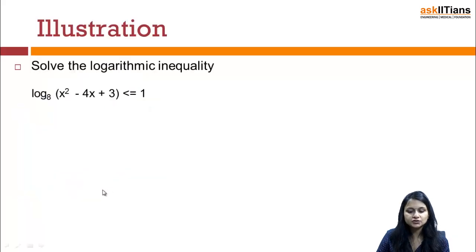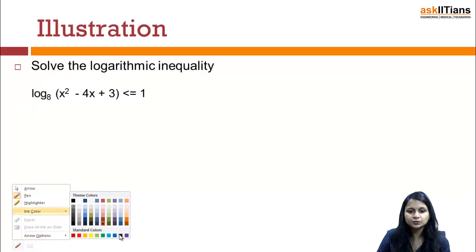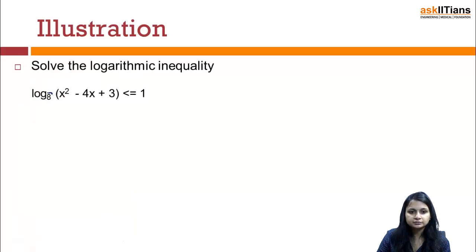Let's take one more illustration. Now here, students, I have a base which is greater than 1, and you have the inequality x square minus 4x plus 3 less than equal to 1. When I am solving this kind of inequality, again I have to be careful that the number should be greater than 0, the first condition.